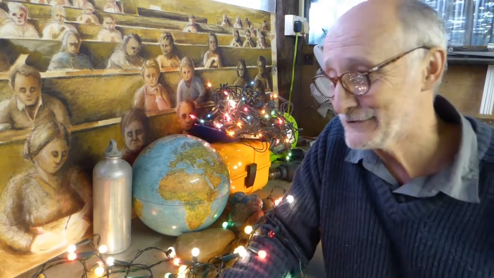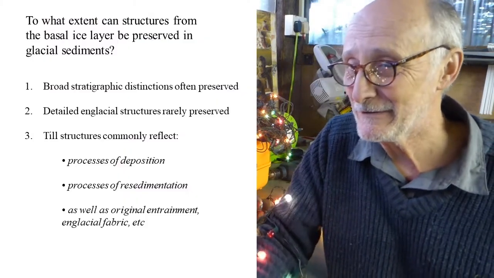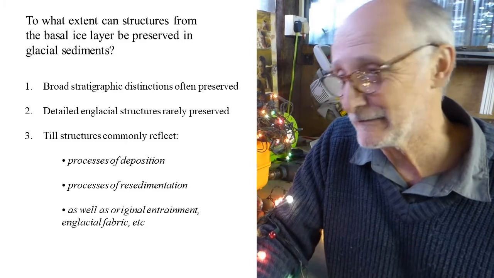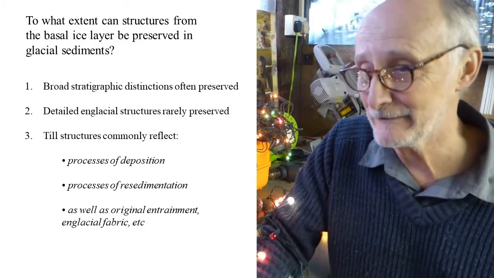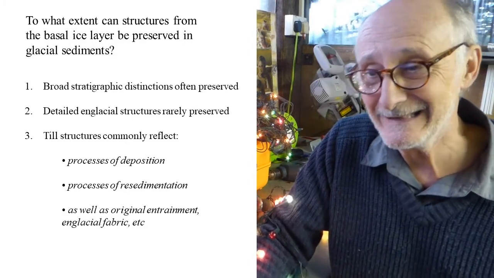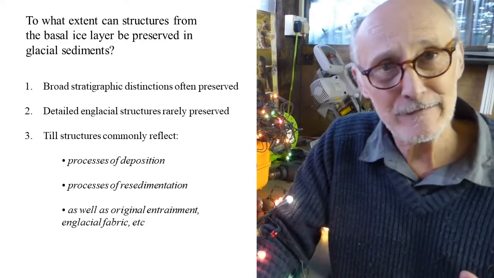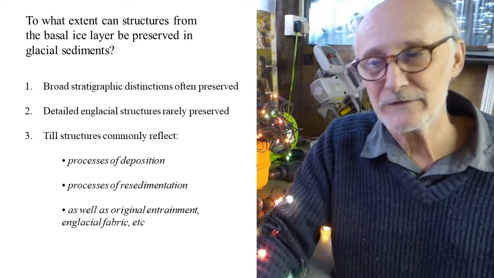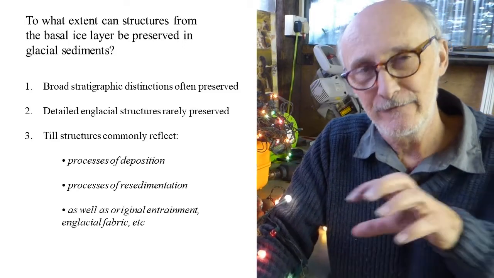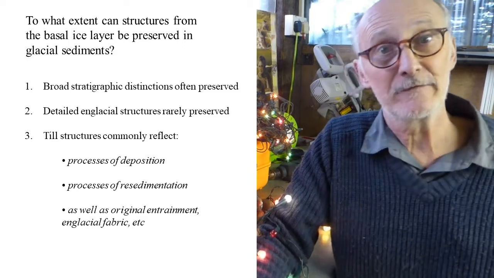So, by way of conclusion to that last question, to what extent can structures from the basal ice layer be preserved in glacial sediments? Well, broad stratigraphic distinctions are often preserved. Detailed englacial structures, rarely. But till structures, and this is an important point not just for till but for all the geomorphology we've been looking at, the features that you're seeing reflect a number of different things.